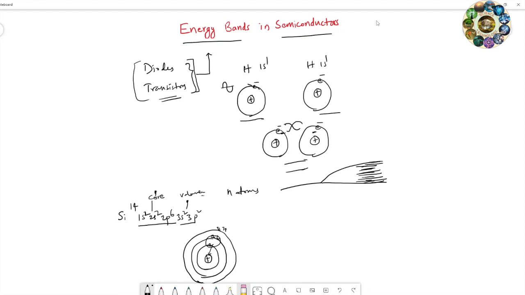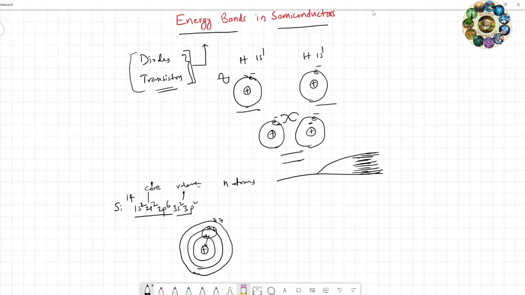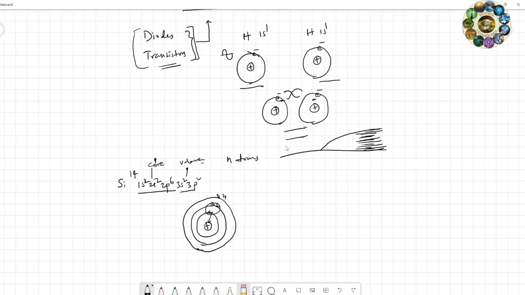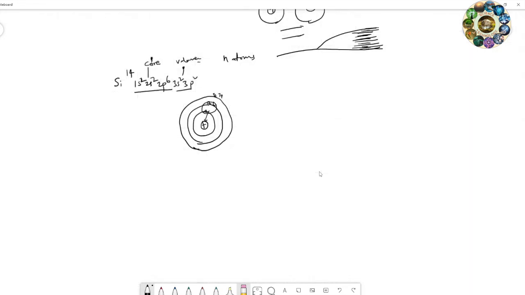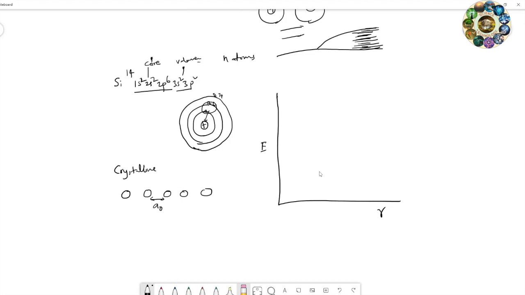Let's see how the bands are formed. Let us plot electron energy as a function of interatomic spacing. Here we are talking about crystalline materials, where the atoms are arranged in a periodic way with periodicity, or lattice constant, a0.